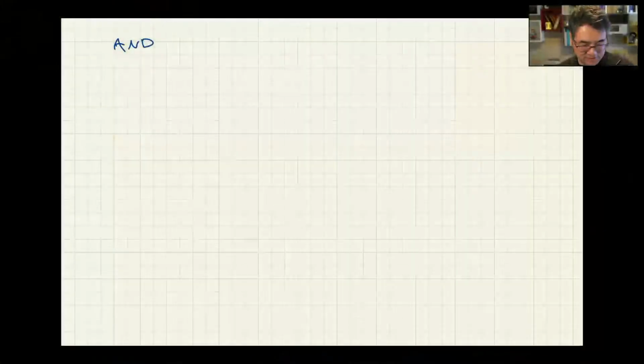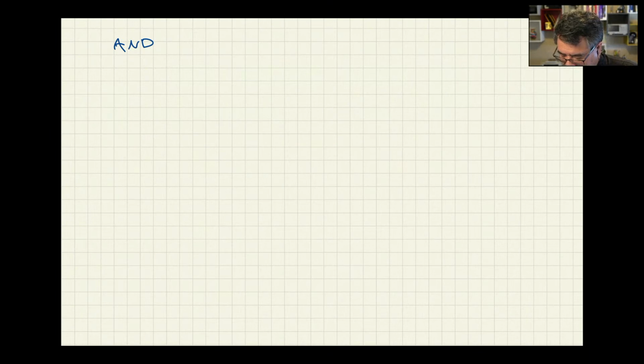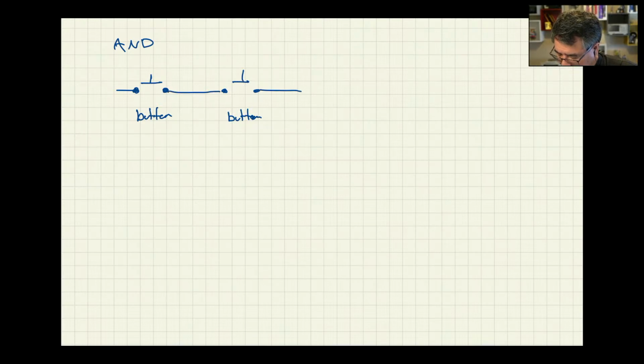Yeah. So let me show you this. So fundamentally, I'm doing this as what's called a schematic here. So this is a button, and this is also a button. And then here's an LED.